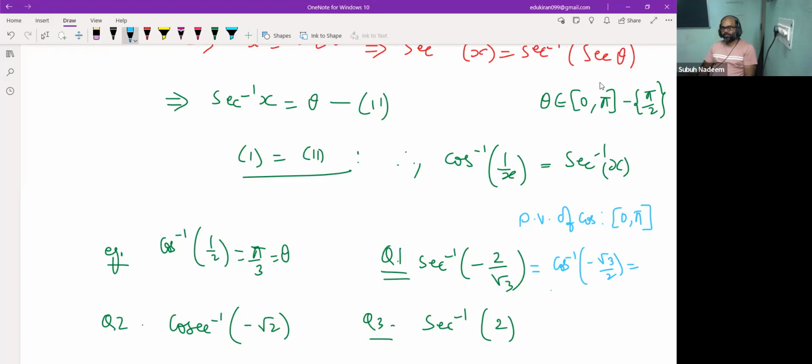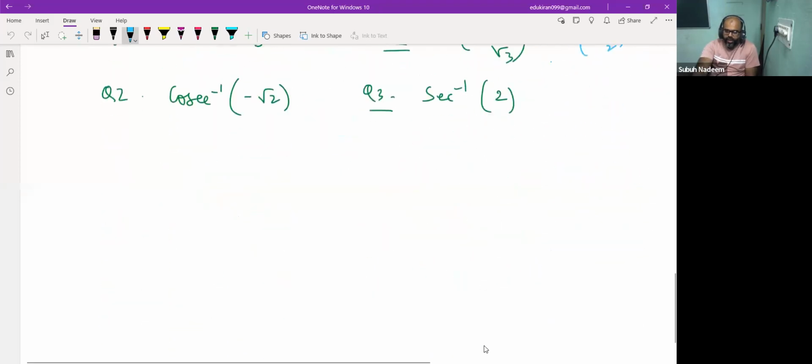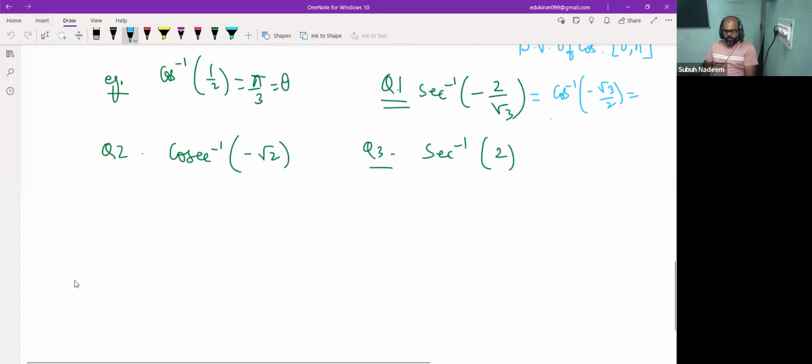120 degree. Sorry, 120 degree. So 120 degree you are saying, but if you take cos of 120 degree, what will happen? Sir, 150 degree. It will be 150 degree, correct?